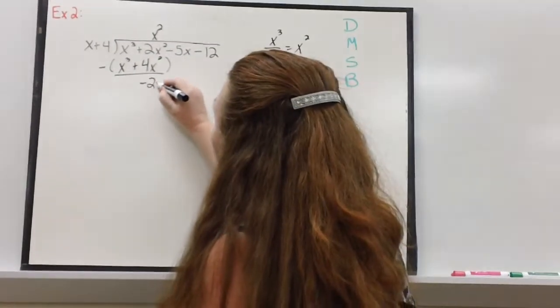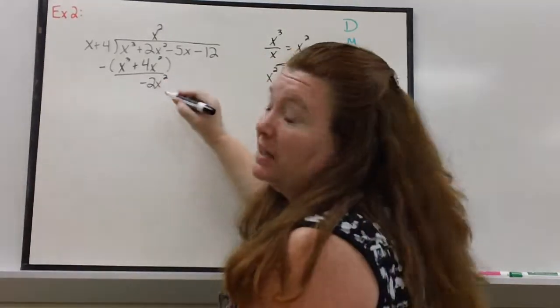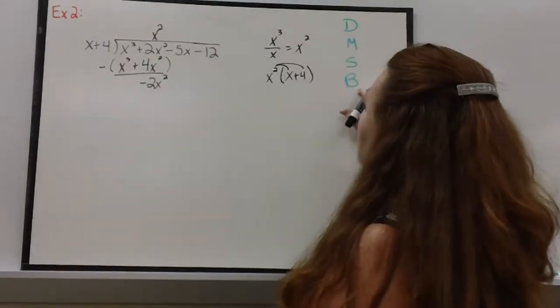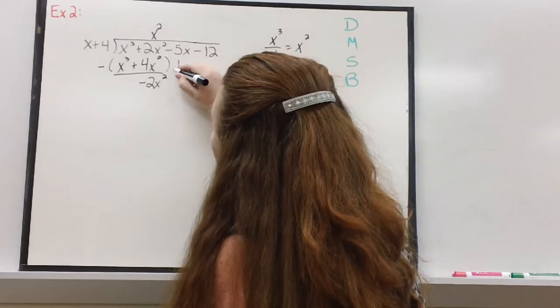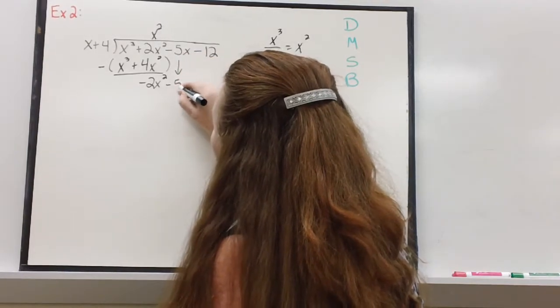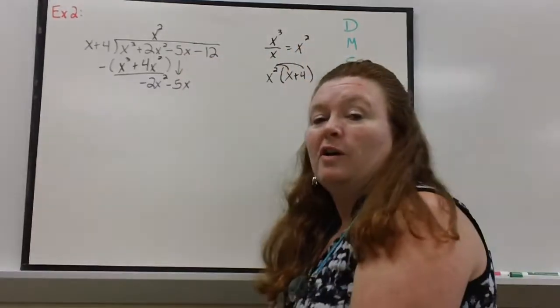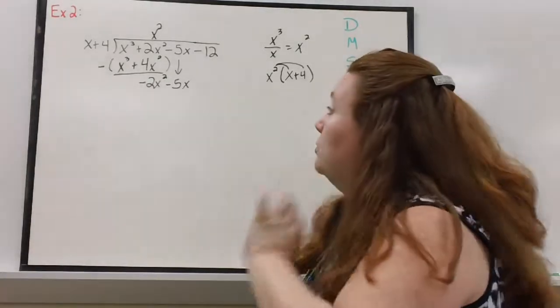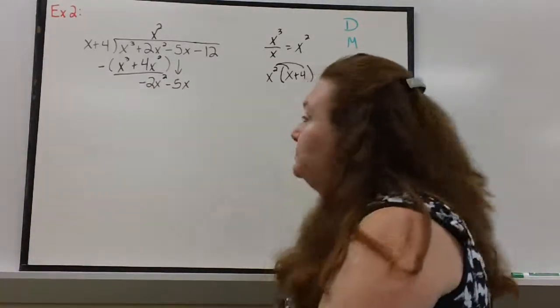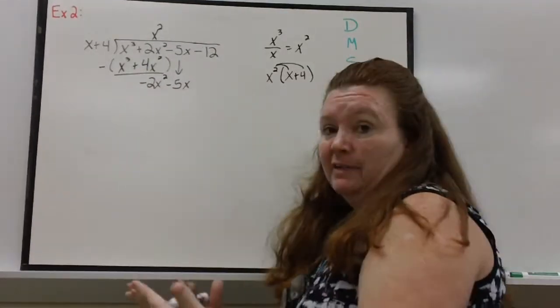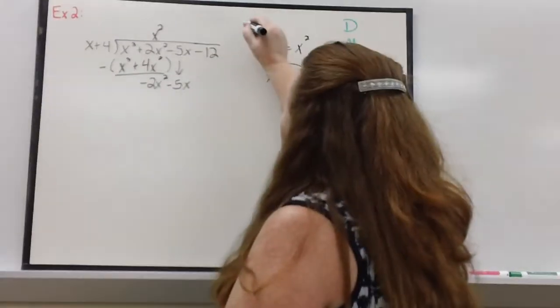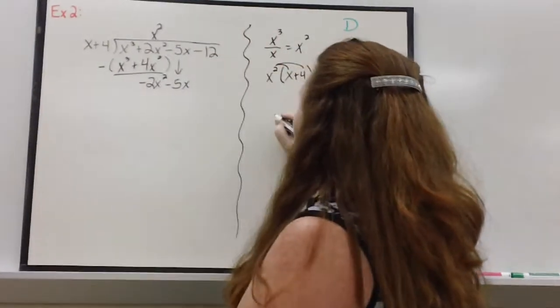Now we're going to have to be careful and watch these negative signs. Last step is to bring down. I'm going to bring down the negative 5x and start all over again. Remember, you bring down one term at a time. Divide. Let me separate my work.